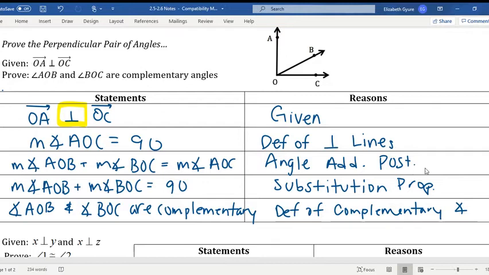Any questions about that one? Yeah. Yep. Okay, yeah, get it written down, Braden, okay? I'll give you a minute or two.